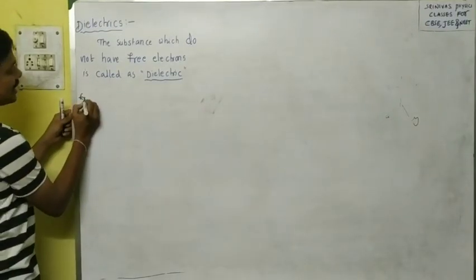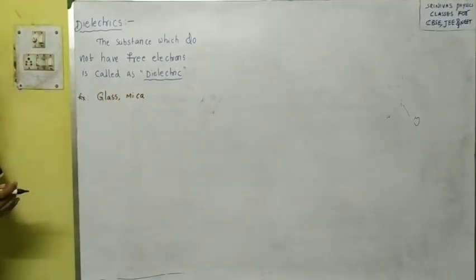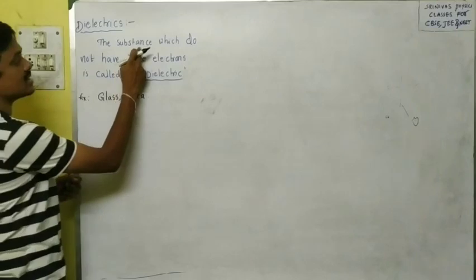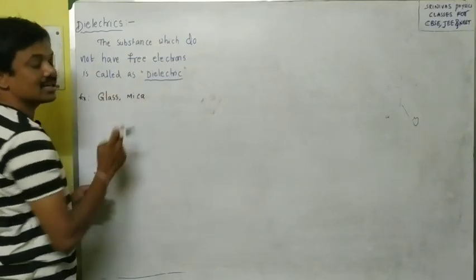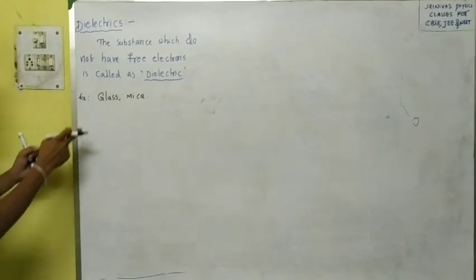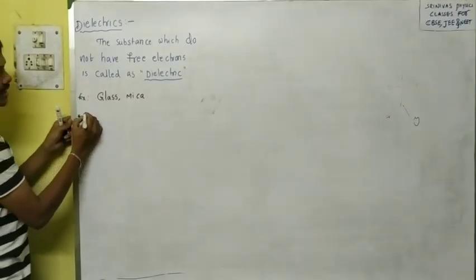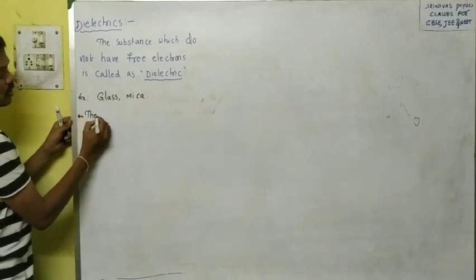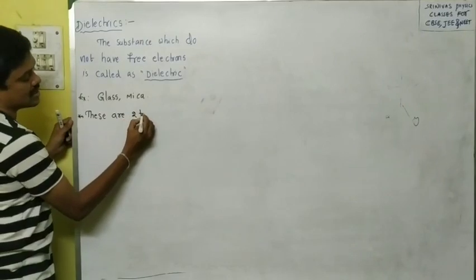Examples of dielectrics: glass and mica are examples of dielectrics. The substance which does not have free electrons is called a dielectric. Example: glass, mica. And dielectric substances are of two types.